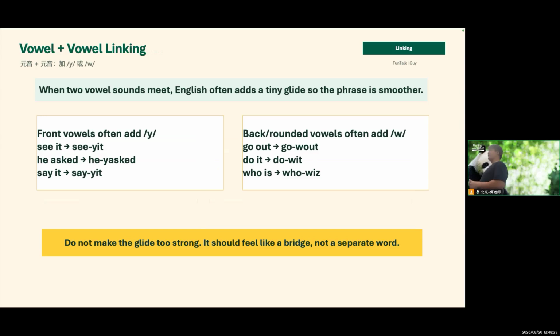It's very subtle, very quiet, but we can hear that. So I'll show you. See it. He asked. He asked me. Well, this one already has a Y. It says say it.